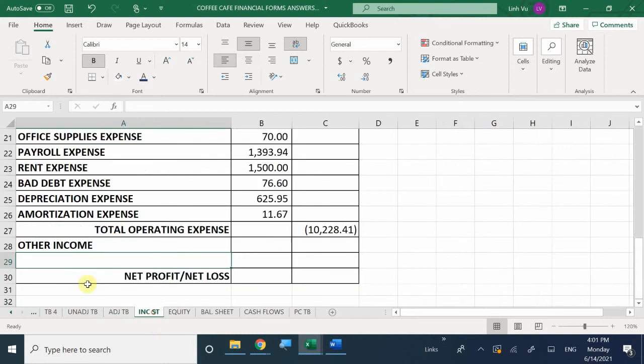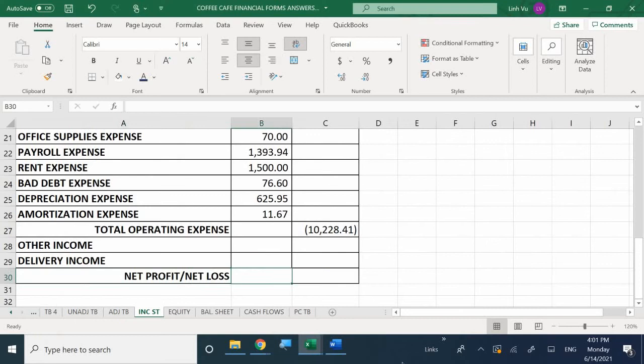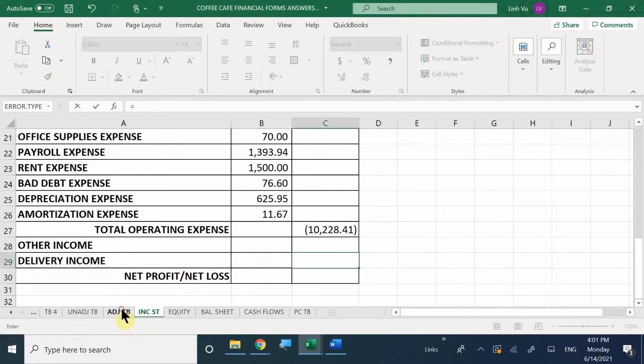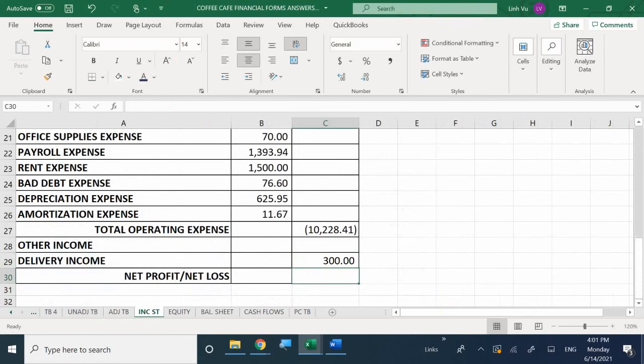So if that is other income, because our business isn't about delivering coffee, it's to sell the coffee, that's going to be considered an addition to your income, increasing it by $300. Okay?